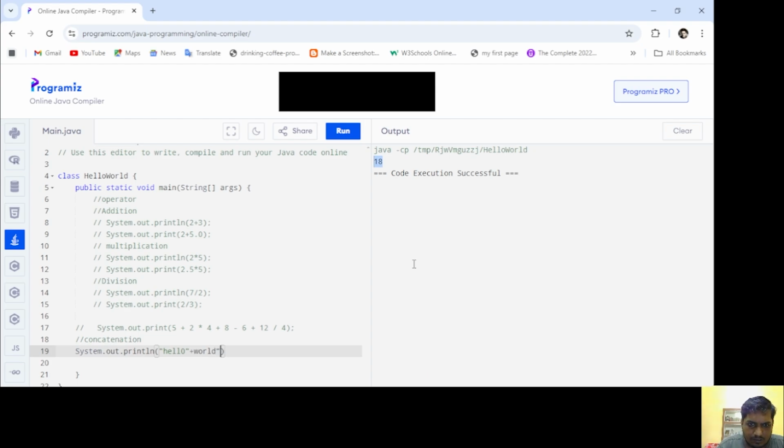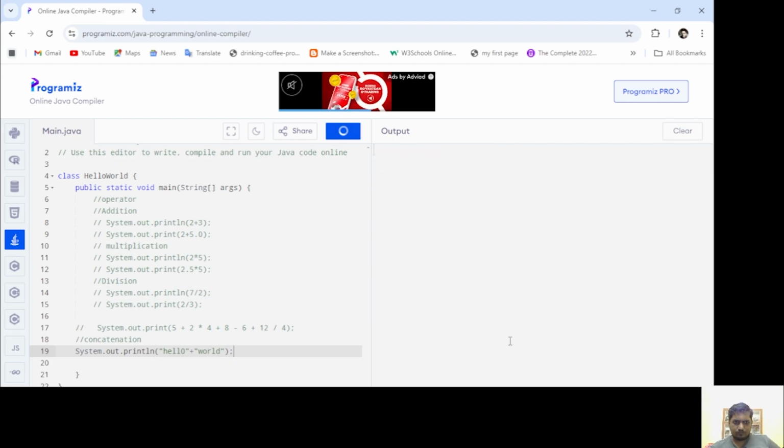Okay, here see, in concatenation hello world will be printed.